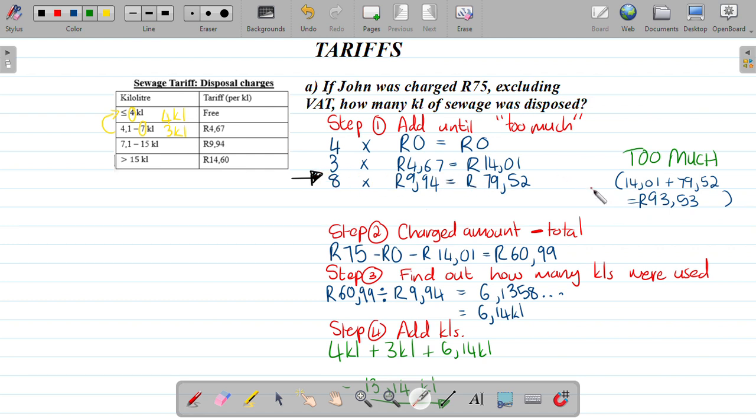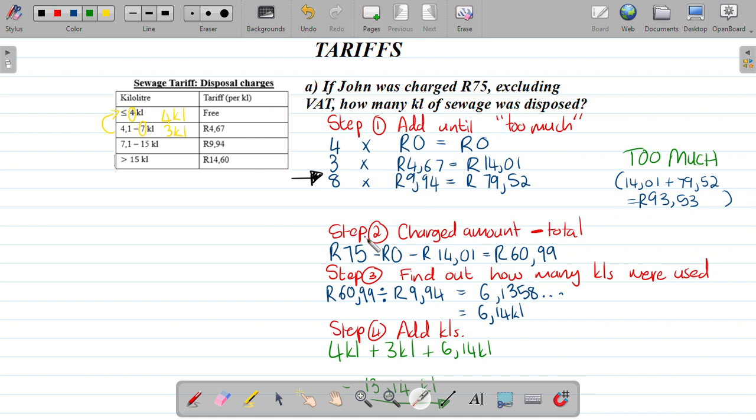I hope that makes sense, that once you've charged nothing, and then plus 14,01 Rand, that's still not enough. So therefore he definitely used more units, but if we charge the maximum 8, then it gives us too much. If we add those together, it would give us 93,53. So what do we do next?